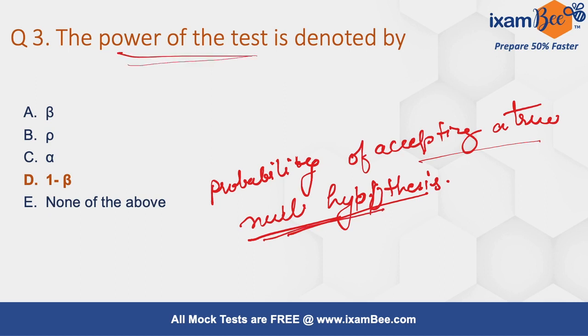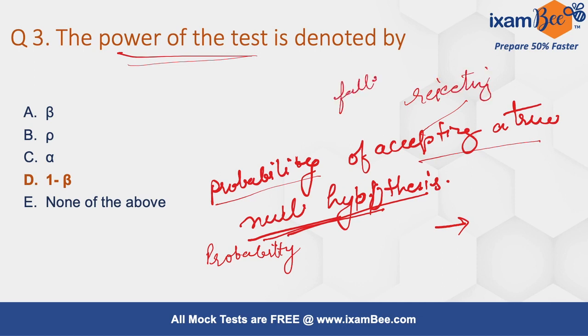And how do we denote it? First of all, you have to see what is the probability of rejecting, or failing to reject, a false null hypothesis. That is actually the type 2 error. And the type 2 error is denoted by beta.